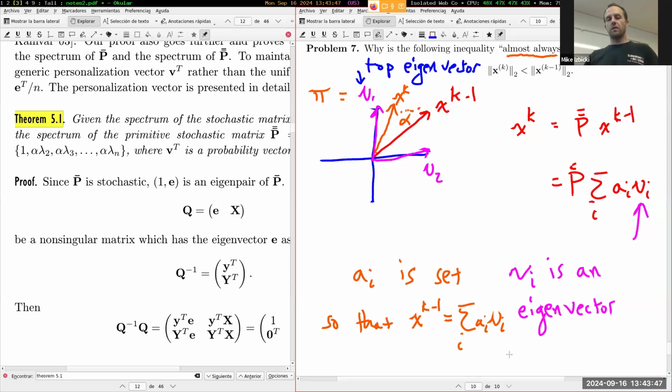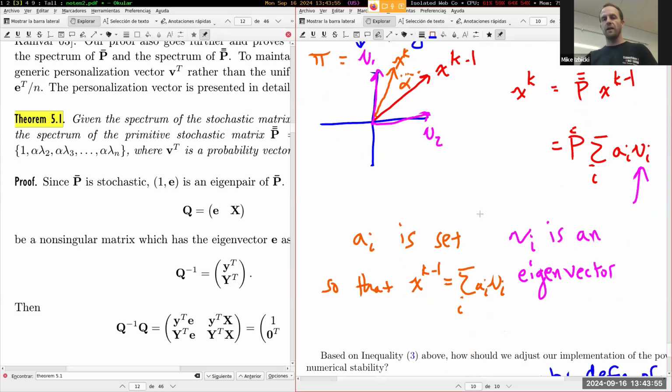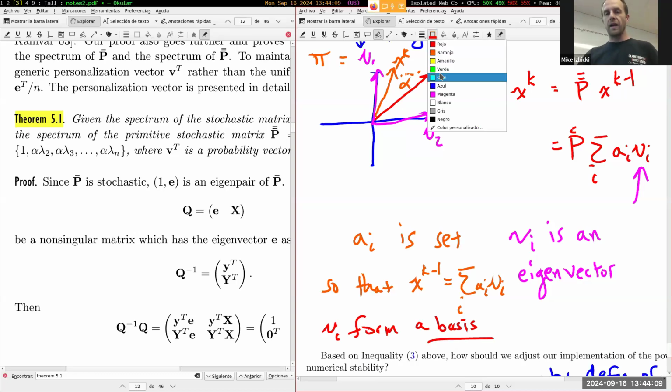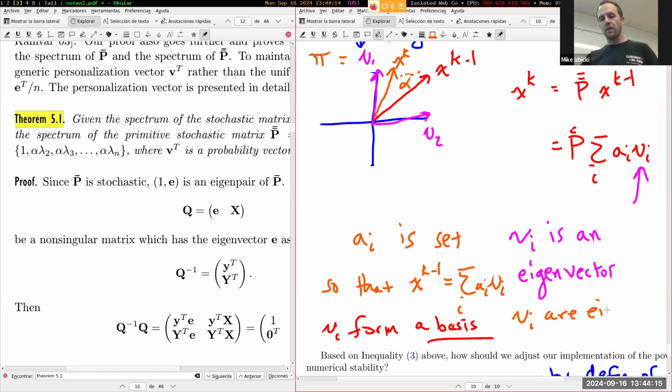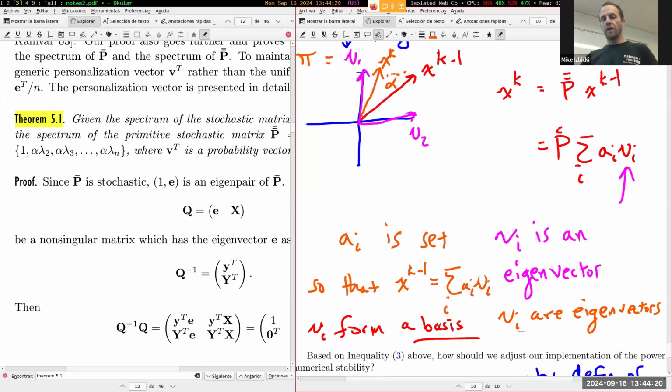In some sense, it's so fundamental that it doesn't have a name, or at least I can't think of a name right off the top of my head. It has a combination of things. Important terms are that the v sub i form a basis of the space. So the basis here is a key word. And all the v sub i's are eigenvectors. The fact that the eigenvectors form a basis is a key thing here.